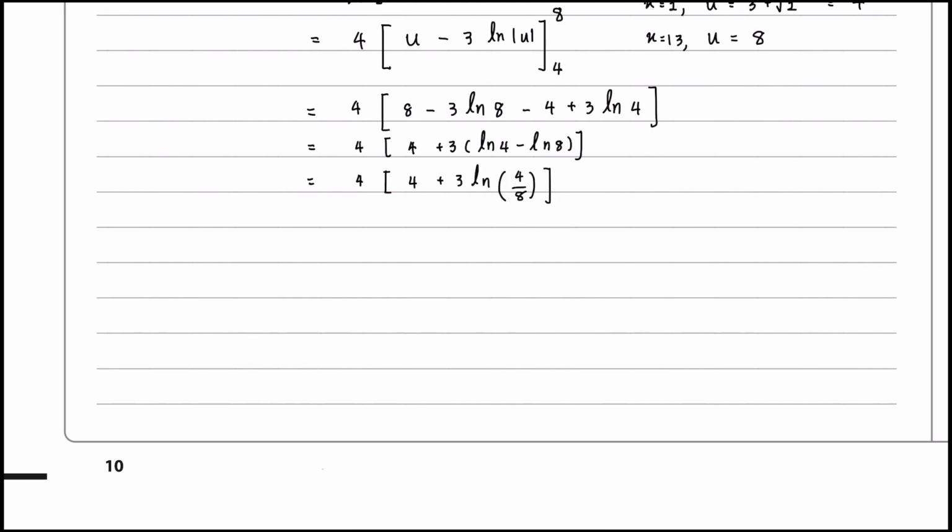Then we can expand 4 inside the brackets, so it will be 16 plus 12 ln of 1/2, which is 16 plus 12 ln 2 to the power of negative 1. That is 16 minus 12 ln 2, and that's the answer.